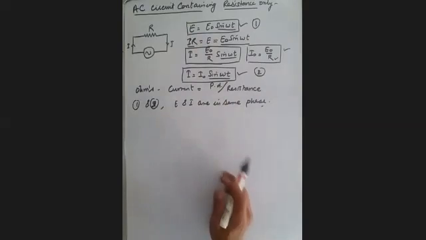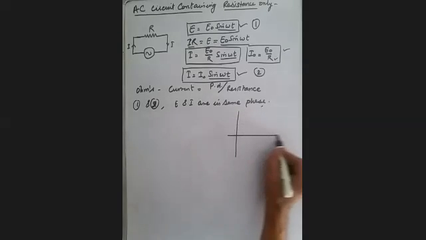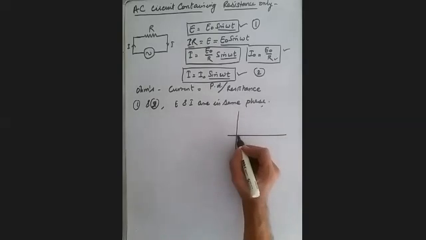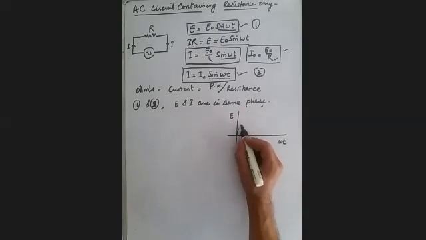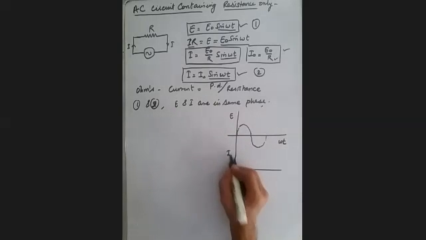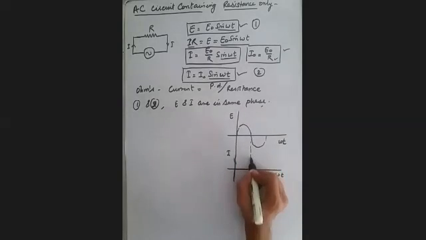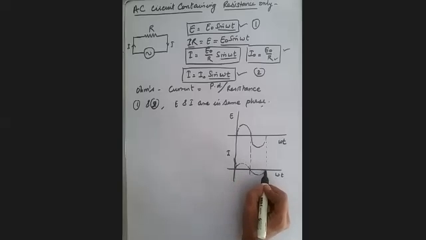If I draw the figure here, and suppose this is the curve for E versus omega t, then the curve for I versus omega t will also be such that the zero value of both occurs at the same time, the maximum value occurs at the same time, and so on.